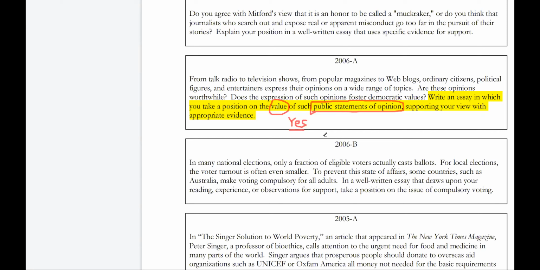Third is the society, right? So with this general public's statements of opinion, this platform enables the public to communicate their respective opinions, their beliefs, right?